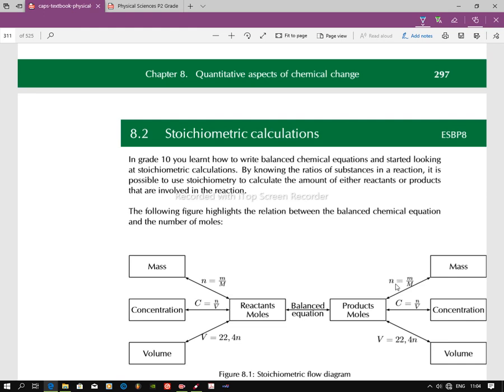I guess this is the last part of the lesson, the stoichiometric calculation. So in grade 10, you learned how to write a balanced chemical equation. Like I said, if you don't know how to write a balanced chemical equation, just comment there on our video, or you can just comment on our Facebook page.